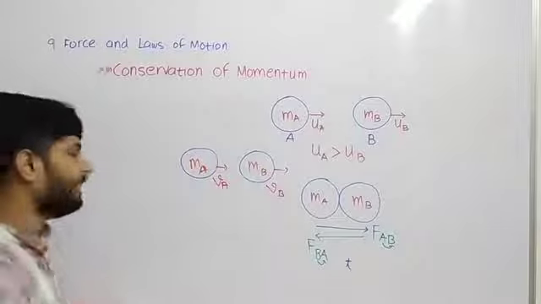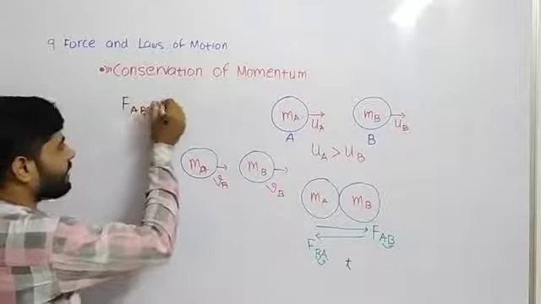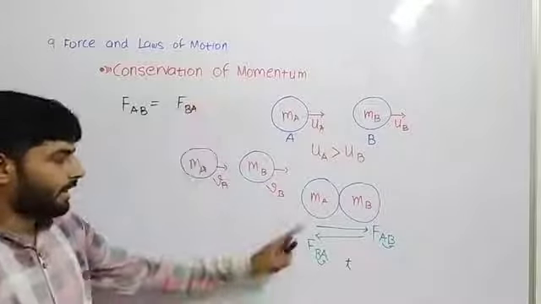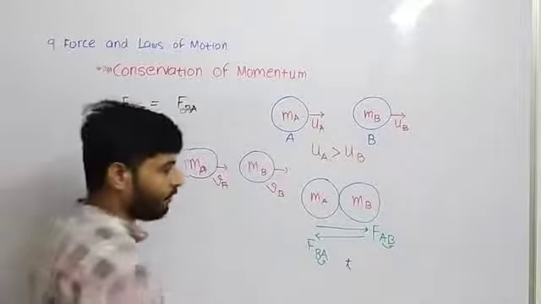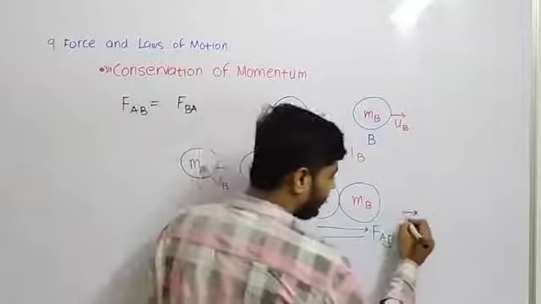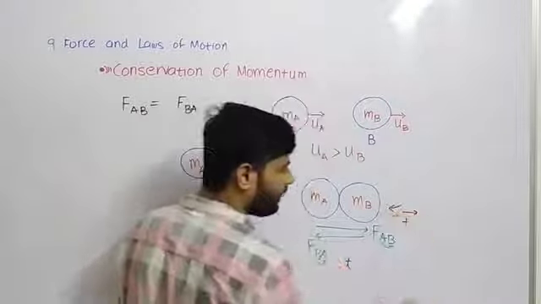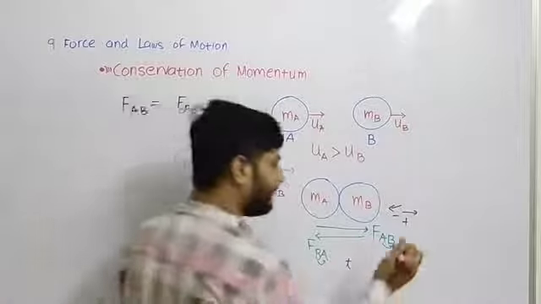Now we know that force AB is equal to force BA, but this force is in the opposite direction. So if we take the right side force as positive, we have to take the left side force as negative. We can consider it either way.